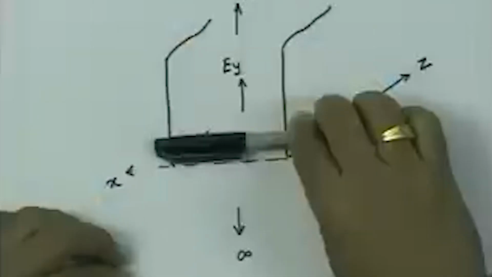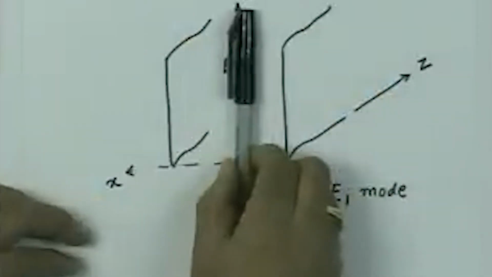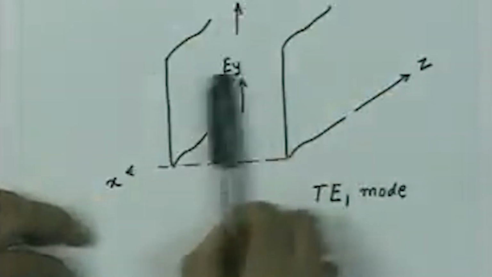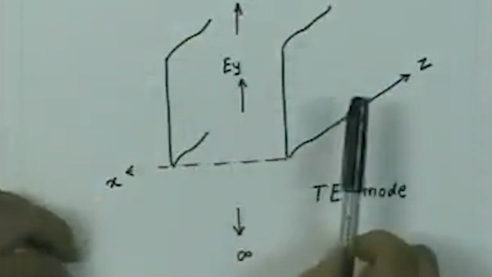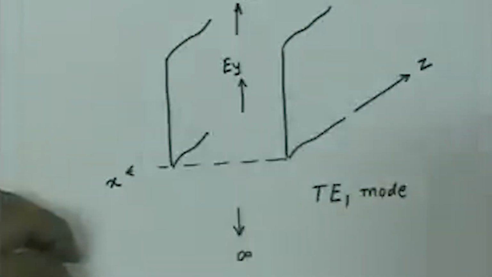The other mode which we had was the transverse electromagnetic mode, for which the electric field was not tangential to the boundaries, it was perpendicular to the boundary. Magnetic field was tangential to the boundary, and we saw that was the mode which was non-dispersive and which travelled as if the conducting boundaries are not existing, and that is the TEM mode.